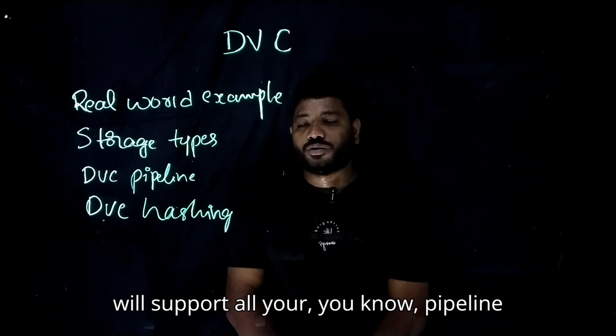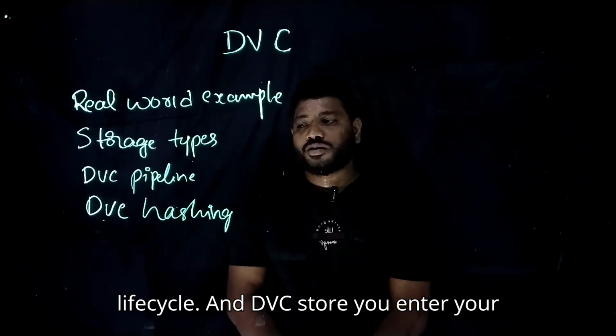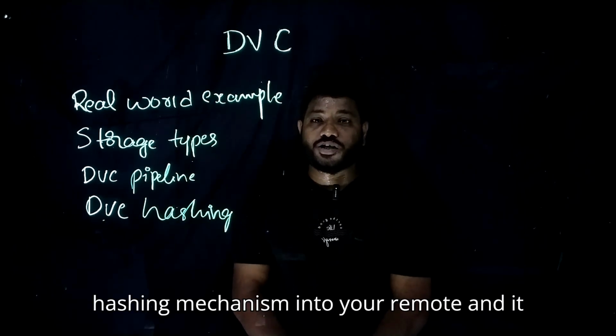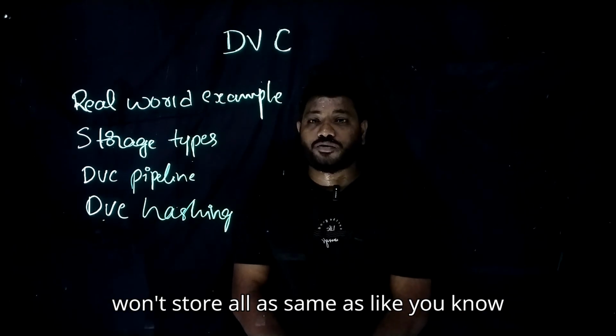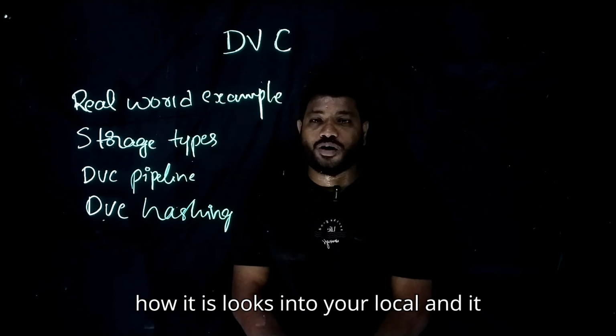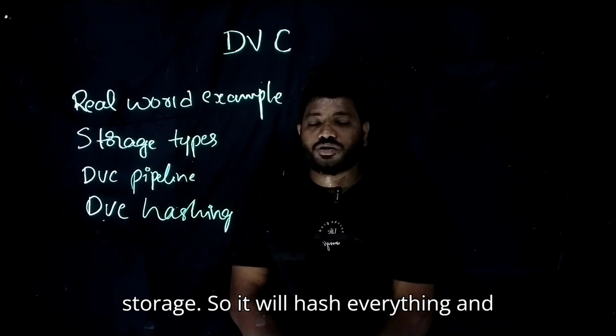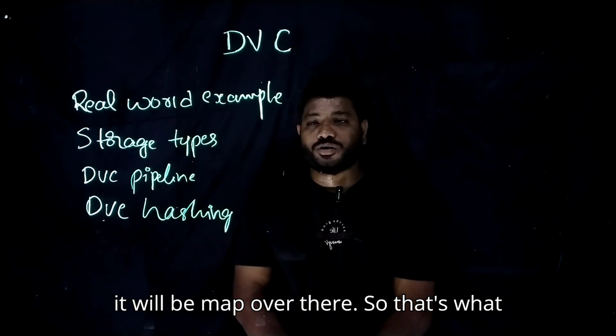So it will support your whole pipeline lifecycle. DVC stores your large files in your remote using a hashing mechanism, so it won't look the same as it does in your local. It will hash everything and it will be mapped over there.